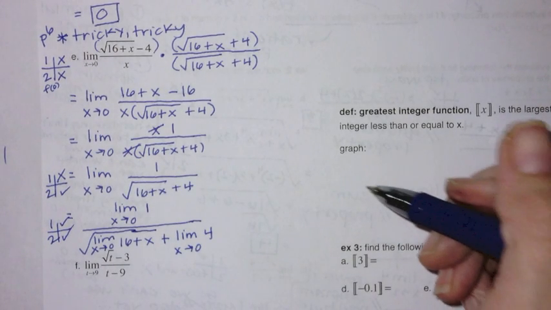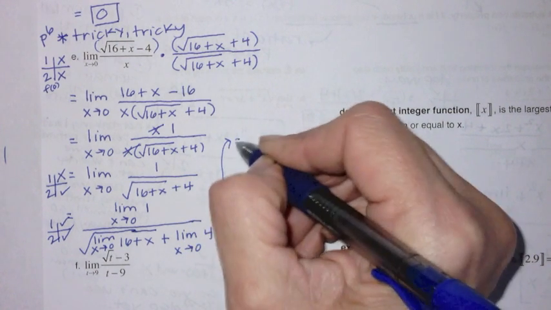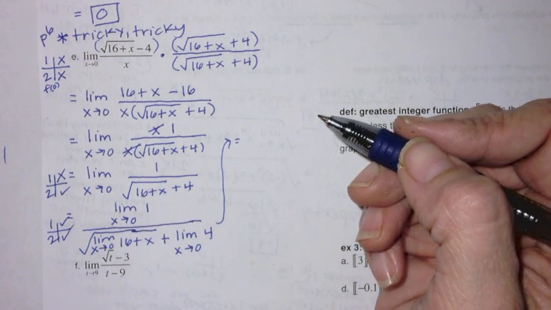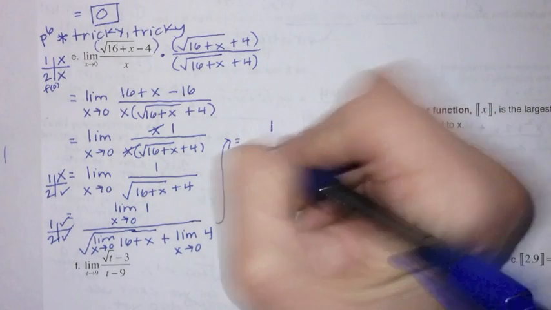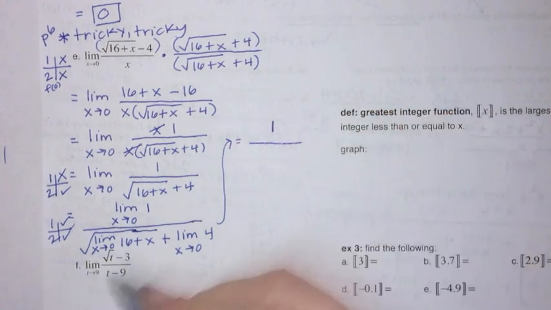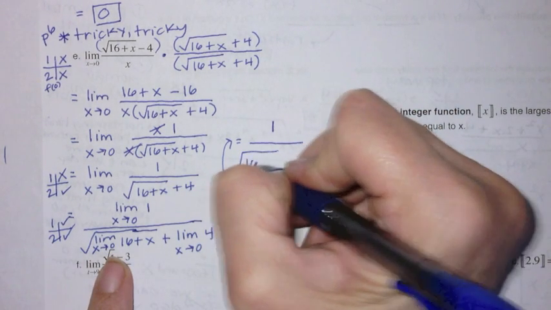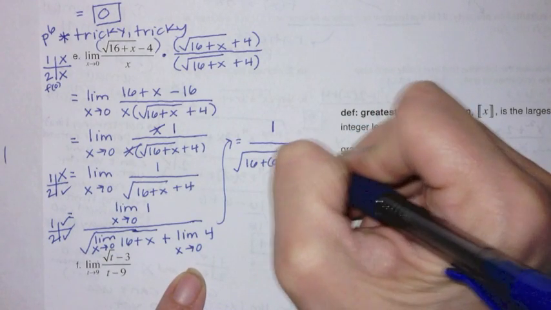Okay? So what do we do from here? I'm just going to bring this up here. The limit as x approaches 0 of 1 is what? That would be 1. The limit of a constant is the constant. And then I'm going to have to do the square root and then plug in 16 plus 0. And then the limit of a constant is the constant.